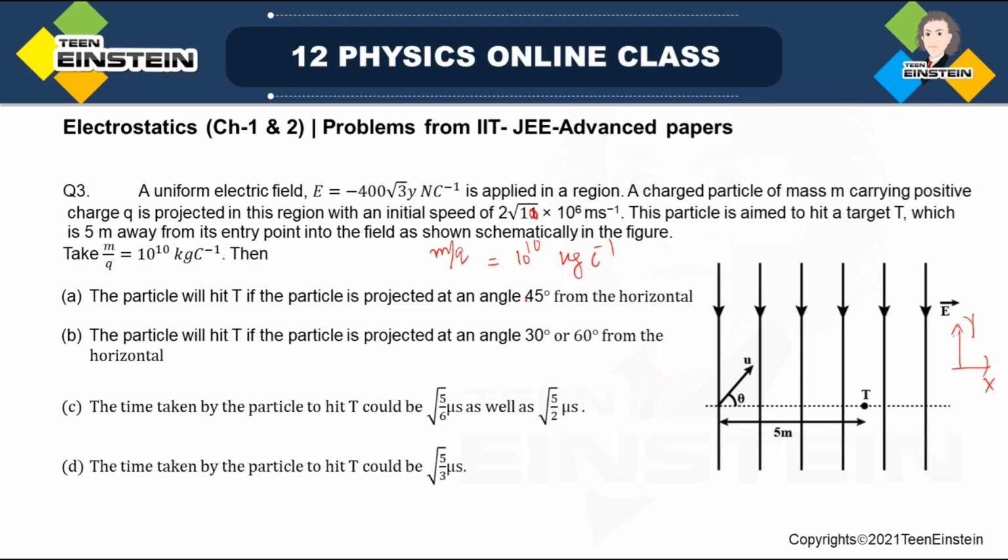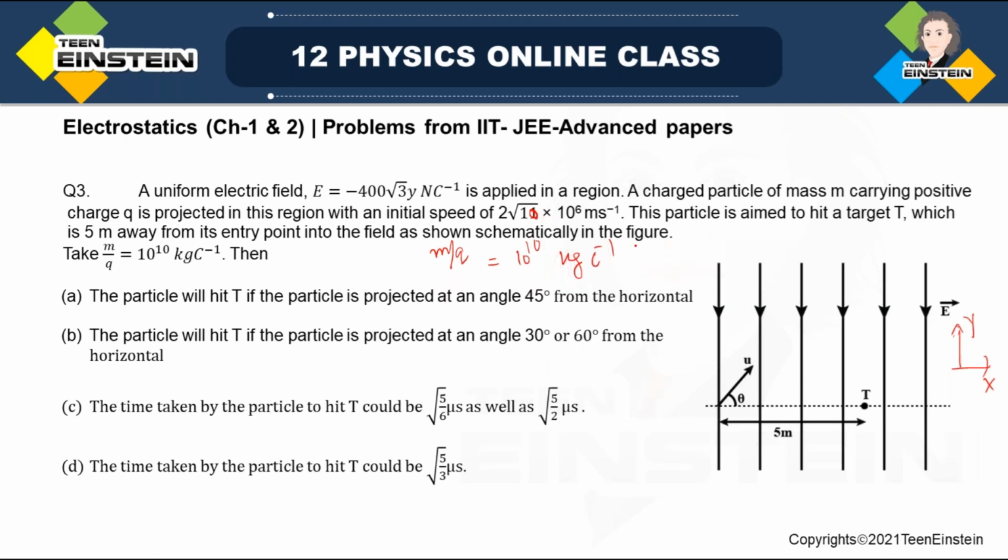This we can take. I'll tell you once again the sum or substance of this problem. So there is a region like this. You can just think this is in the xy plane. So this region contains uniform electric field, and the electric field is given as E is equal to minus 400 root 3 y Newton per coulomb.